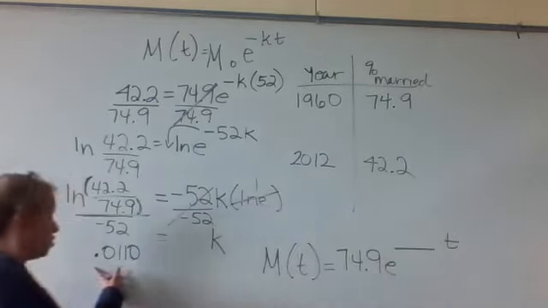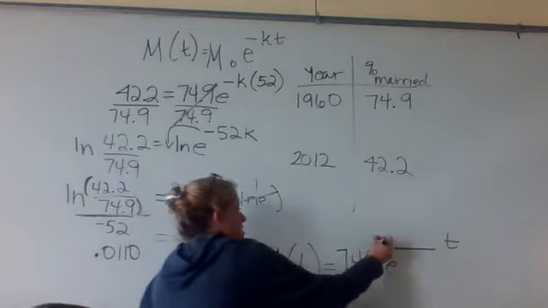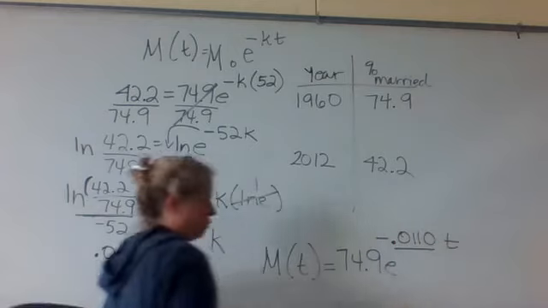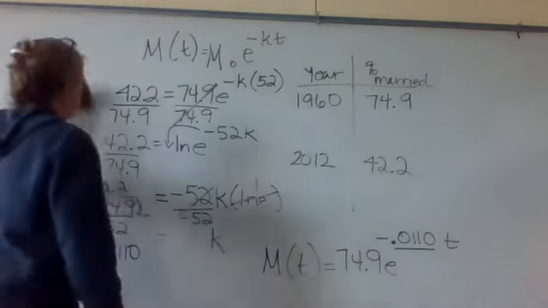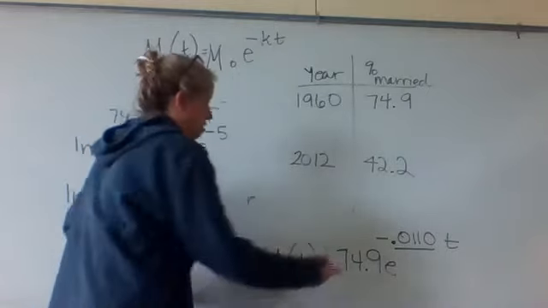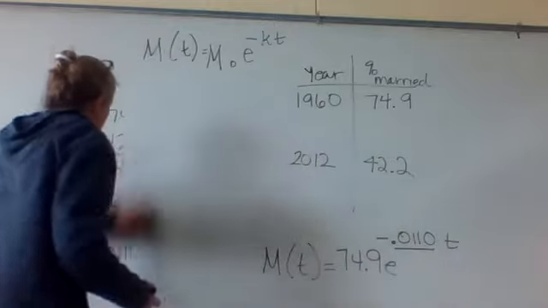Now, there's the rate, but what needs to be in front of it since it's dropping? So I'll have negative 0.0110 there. So now that I know the k, I can put this in that formula, and I can answer the next two questions.